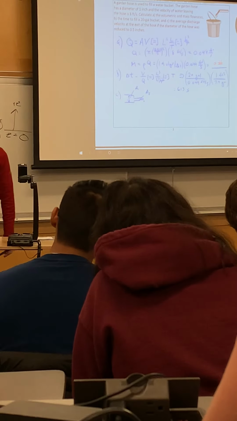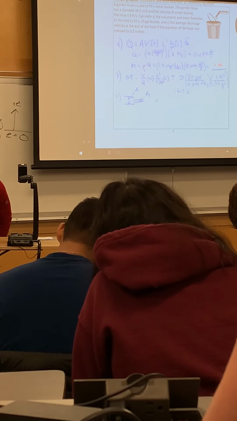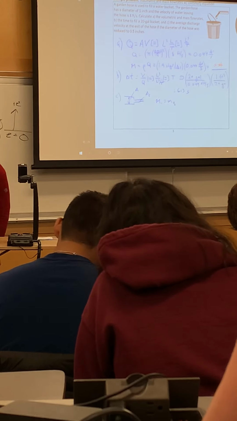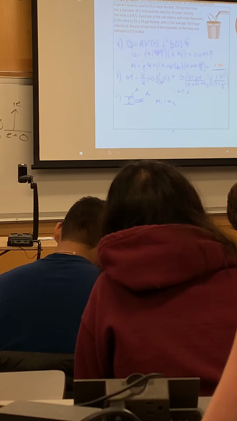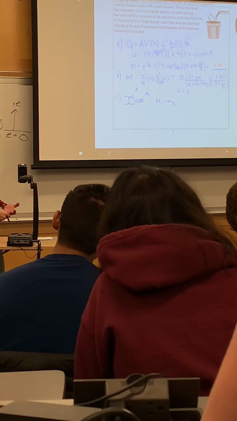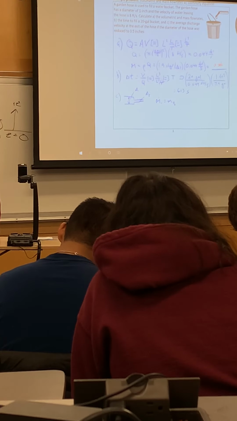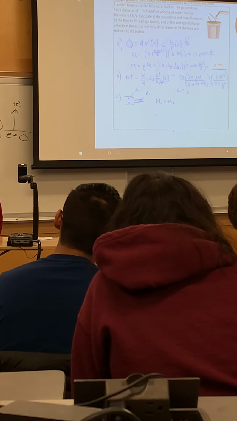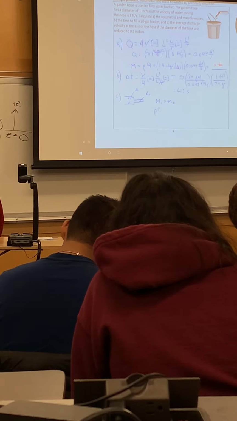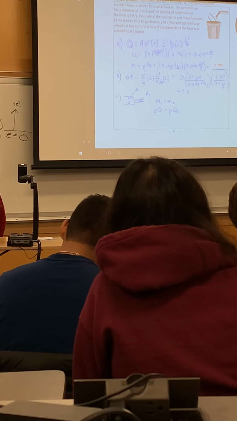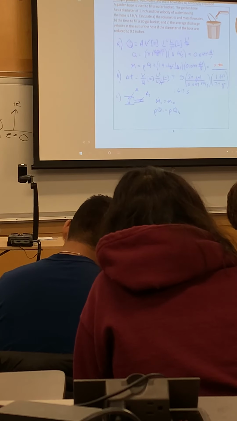Okay, but the key assumption is that the mass flow rate at 1 has to equal the mass flow rate at 2, right? And we know how to calculate the mass flow rate. So the mass flow rate at 1 is the density of the fluid times the flow rate at 1, equal to the density of the fluid times the flow rate at 2.